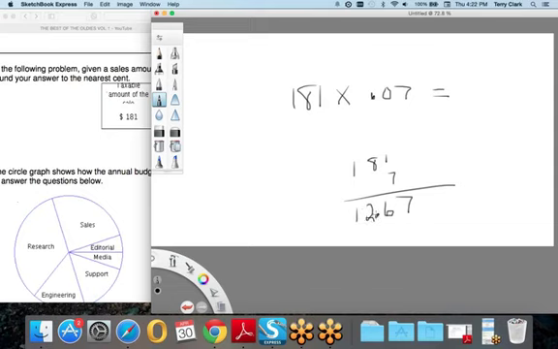So it's going to be 12.67 for the sales tax. And then we can add these two together to figure out what the sales tax amount is. So this is the sales tax right here.